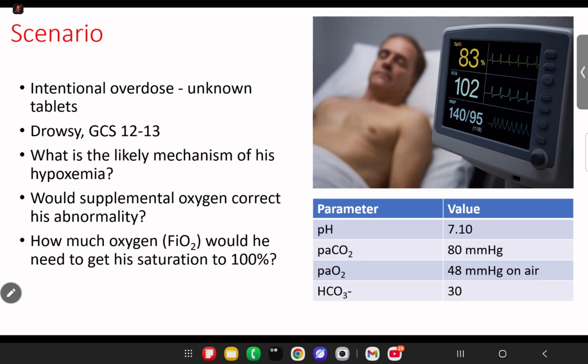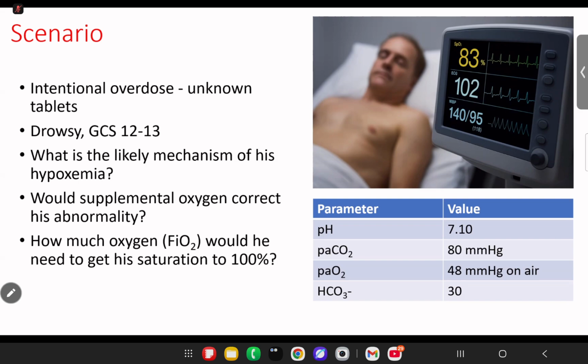alveolar oxygen, because in hypoventilation, there's nothing wrong with the lung, as in a drug overdose. Your alveolar capillary membrane is okay, but for some reason, central nervous system or other external factors are reducing his ventilation. There's no problem with diffusion, VQ mismatch or shunt, but it's simply because he's not breathing enough.